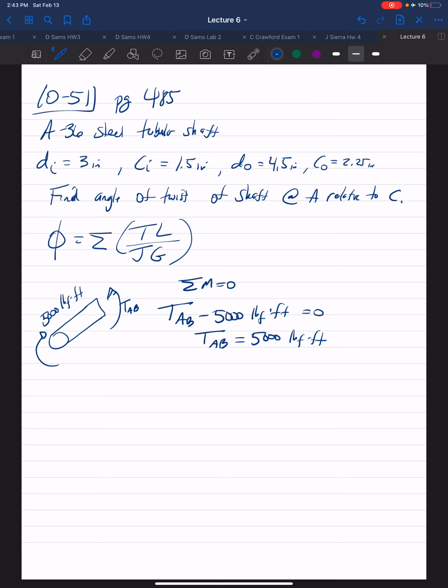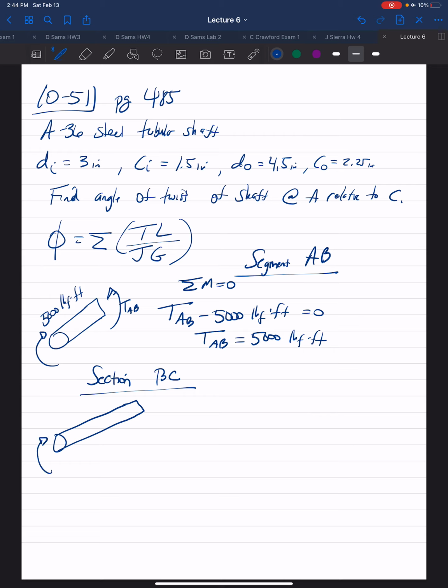So that is section AB. So then for section BC, you have your 5,000 pound-force feet applied torque here, and you have a 3,000 pound-force foot torque there.